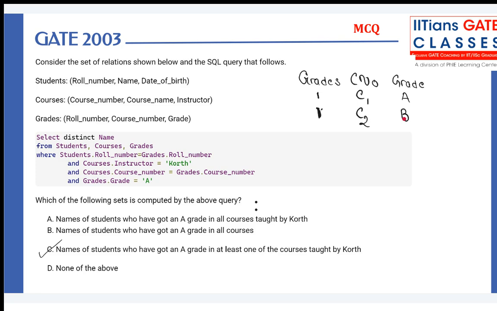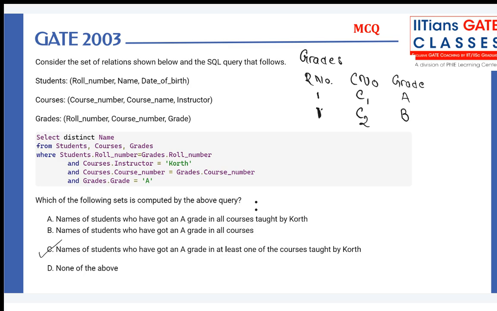Mohammed, do you understand the situation? The situation is this is the grades table. Sorry, this should be the roll number, right? There is someone with roll number 1.